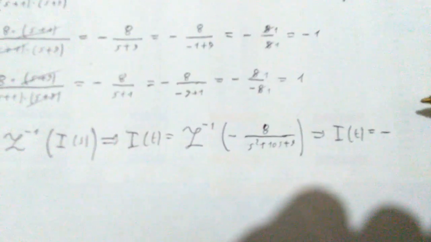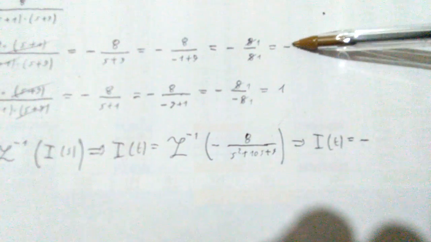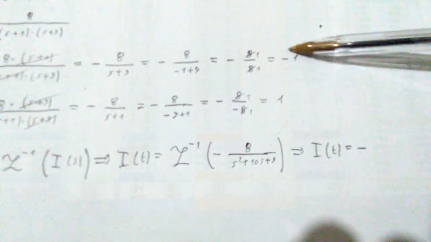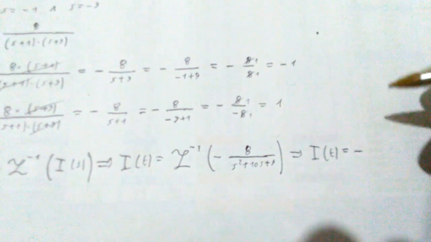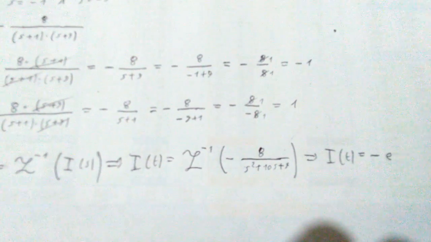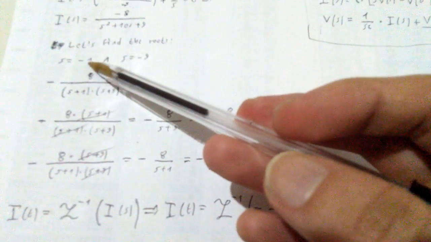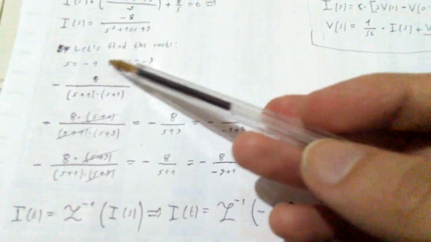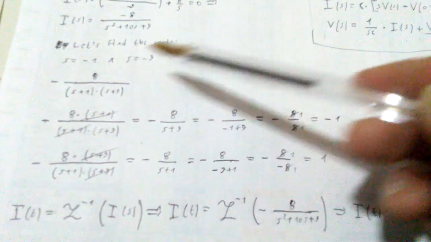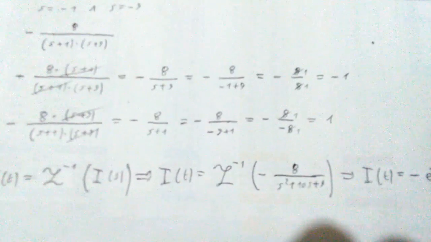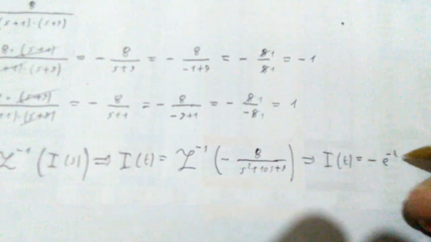So let's crack on. We have a negative which comes from this guy here, so negative e raised to the power of our root, the root that we just found. So negative 1 times t, so negative t.